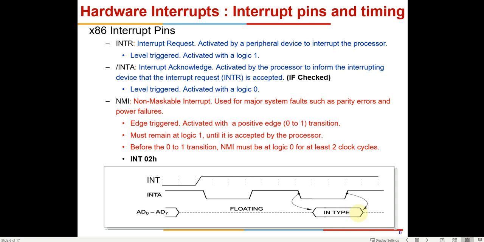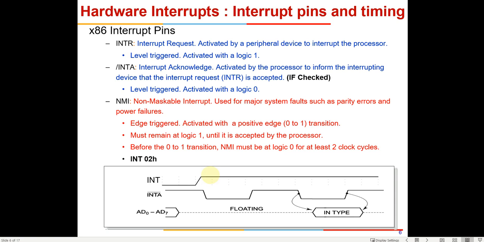Okay, is it okay? First the interrupt signal goes high, requesting the 8086, okay, I want an interrupt. The 8086 will first check whether the interrupt flag is high. If it is high, it will complete the instruction which it is presently doing.